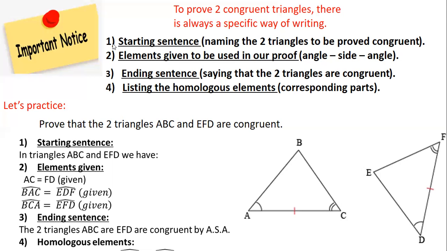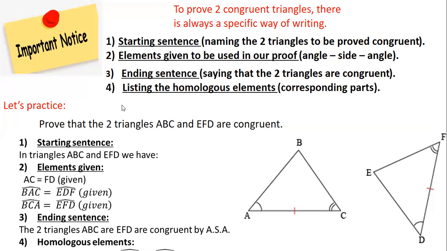First, as I said, we should write a starting sentence. The starting sentence is very simple. I bring it from the question I'm asked. We say always, in triangles ABC, I bring it from the question, and EFD, we have. So we should always start with such a starting sentence.